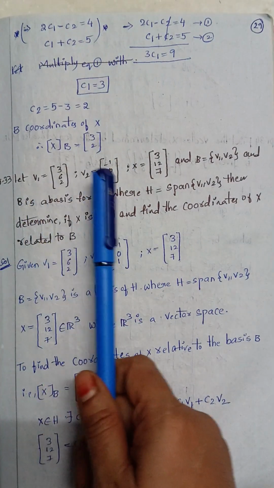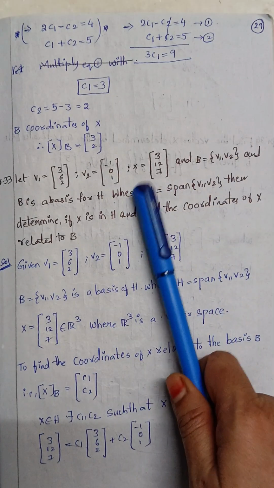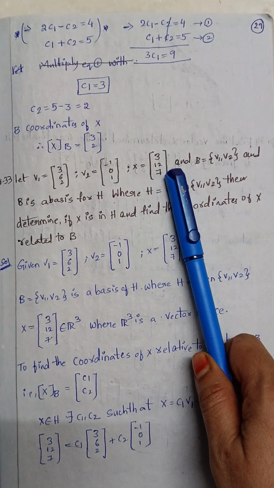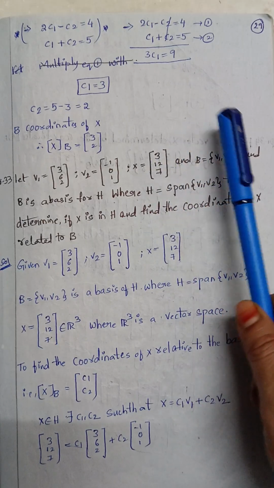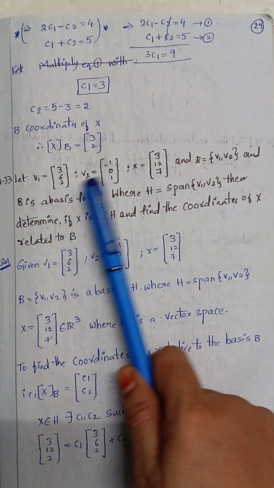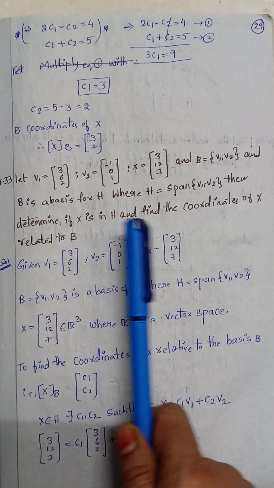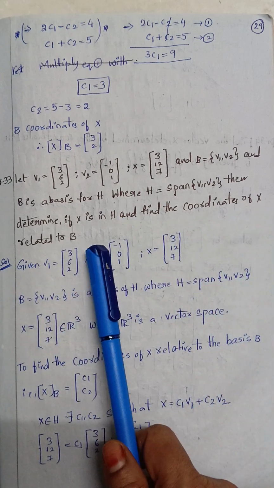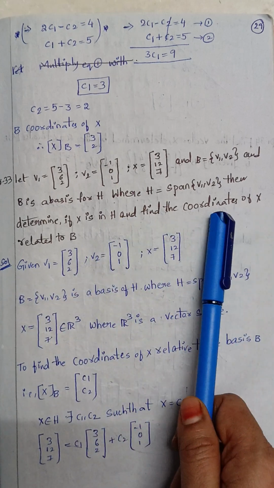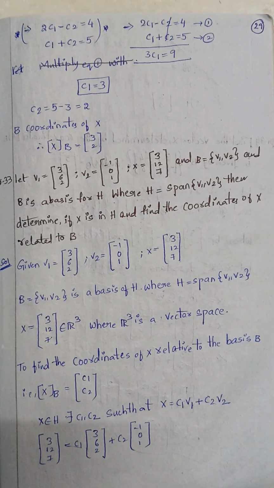Here also v1, v2, two vectors in a basis, are given, and x is a vector having 3 elements, so it belongs to R3, where B is a basis for H and H is the span of v1, v2. Determine if x is in H, then find the coordinate vector relative to the basis B. So we need to find [x]_B.